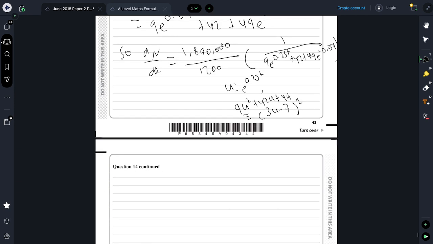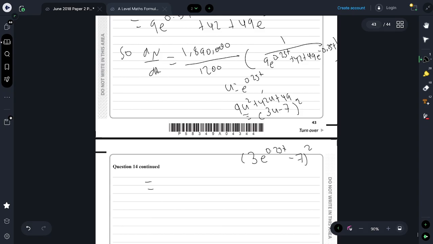So this would factorise to (3e to the 0.25t plus 7) squared.